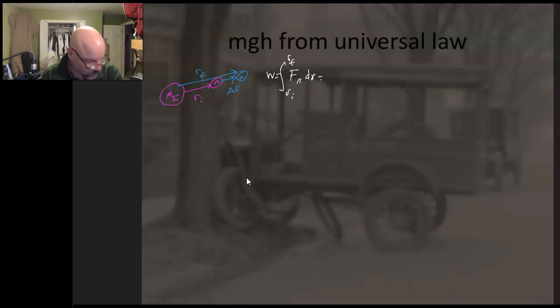The displacement is in the opposite direction of the force, so we're going to have minus G, mass of the Earth, mass of our other object, over r squared dr.